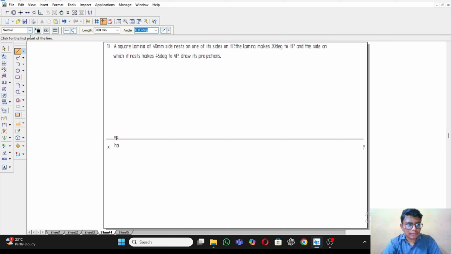We have to take a normal line, then select a point on the HP for the 40 mm side. The length should be 40 mm and the angle should be minus 90 degrees. And it has been selected. Now the second line should be 40 length and the angle should be 0 degrees.